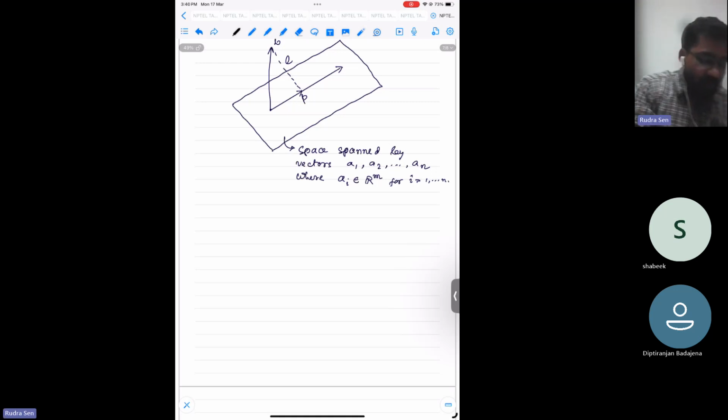Okay, so that means all ai, so a1 consists of m number of elements, and there are n number of ais there.